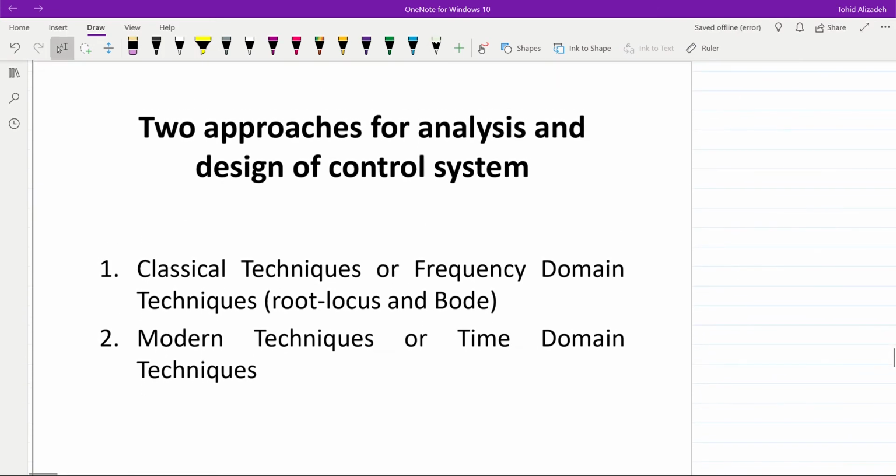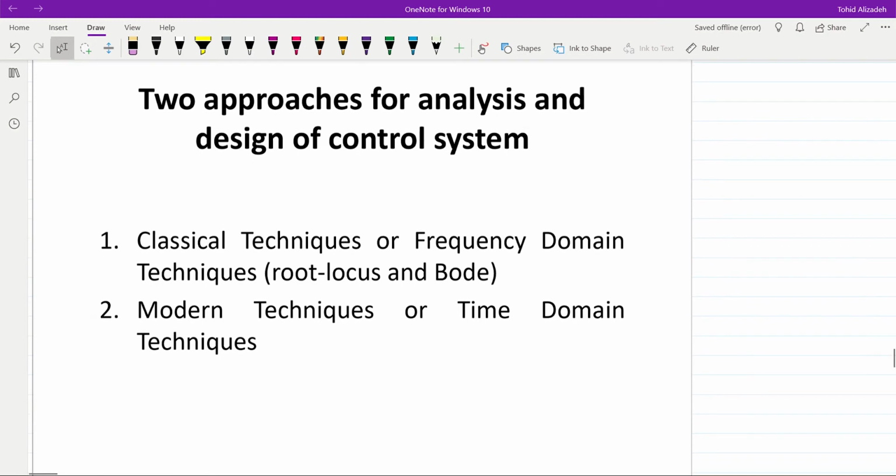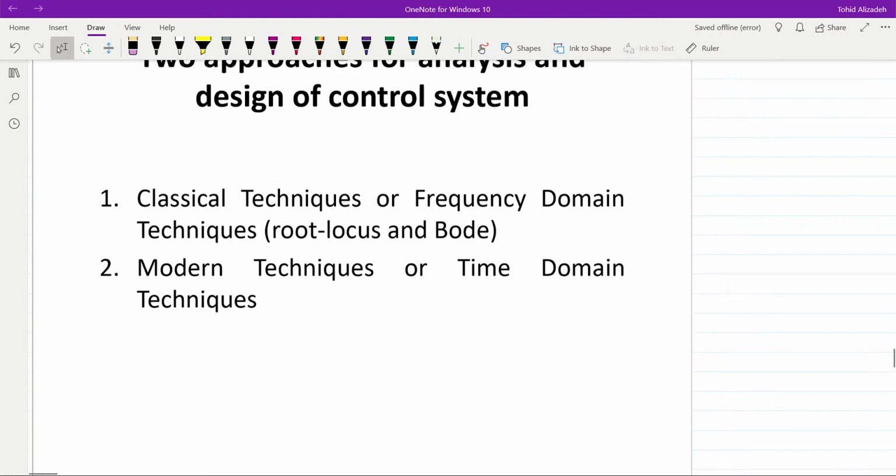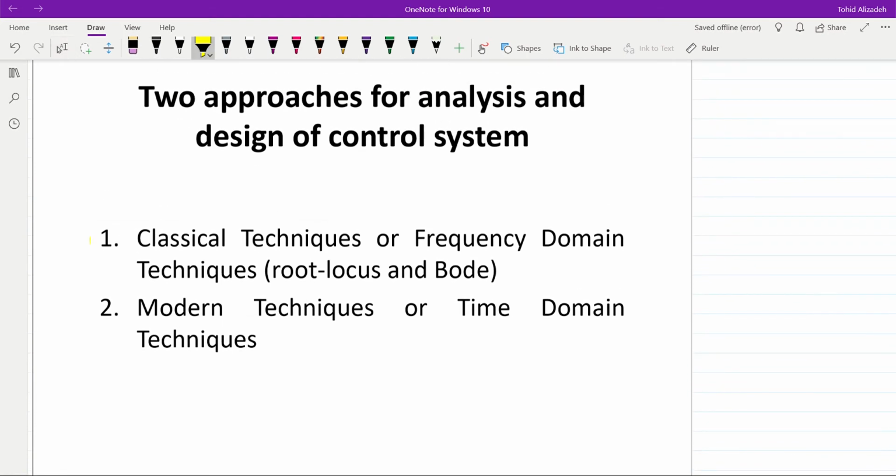Well, again, before going into the details of state representation of the systems and also the controller design in this domain, we already have covered the classical techniques, or the frequency domain techniques, for analysis of the system and designing of the controller.